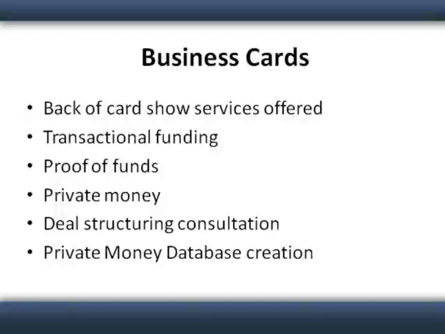Again, that's a little more advanced. This is where I actually offer my services to create a database of private lenders for you as a client, and that's something that I charge big bucks to do, and you can too. And I'll show you exactly my step-by-step process on how that's done.